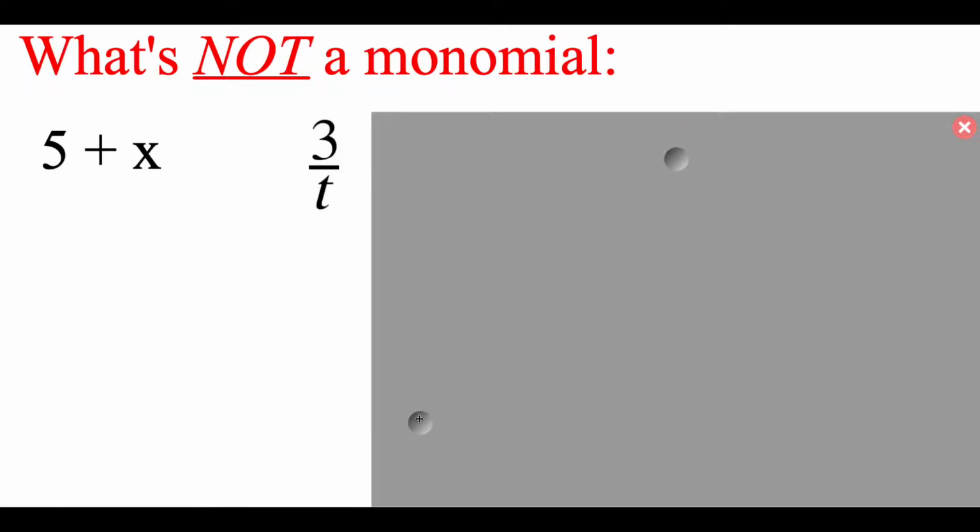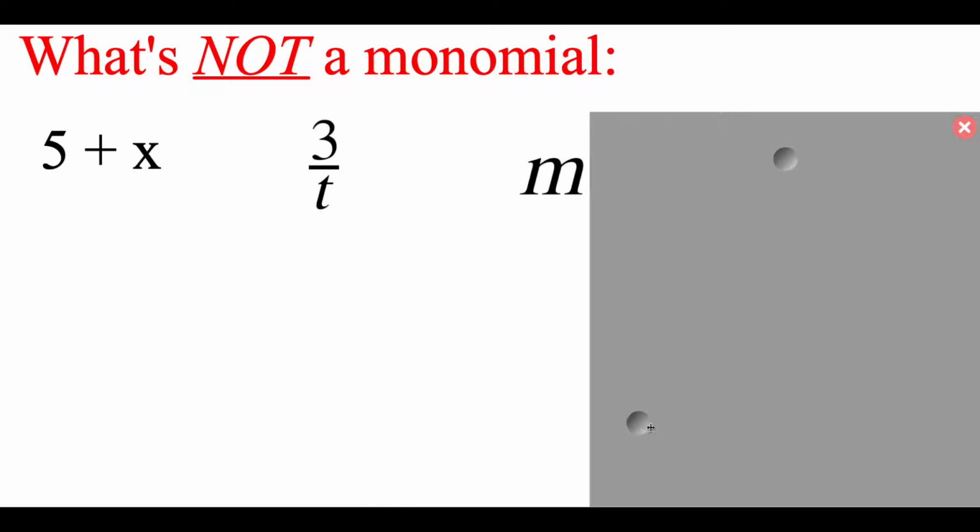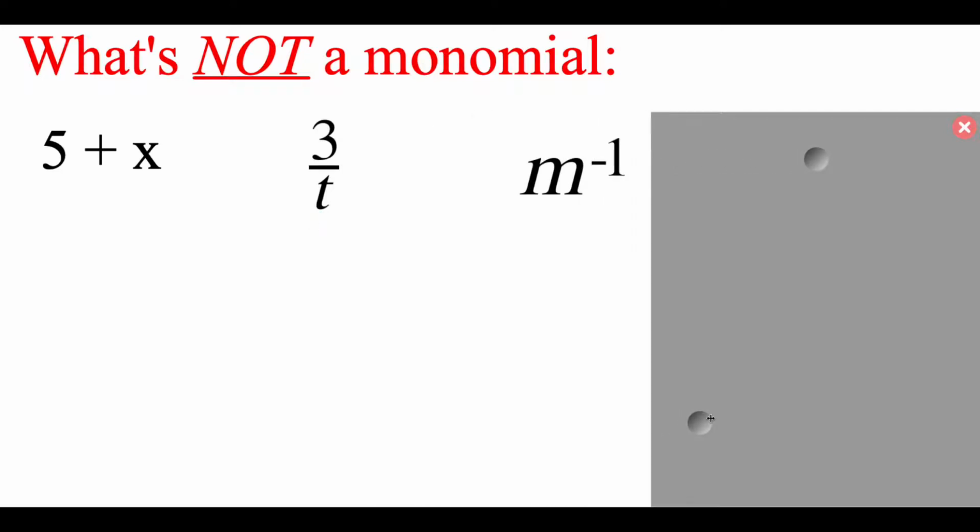Now here we've got a fraction. When we're looking at a fraction, we're not allowed to have a variable in the denominator of the fraction. That does not count as a monomial. Now, sometimes our variables are going to have exponents on them, but in order for something to be a monomial, we don't want to have negative exponents.